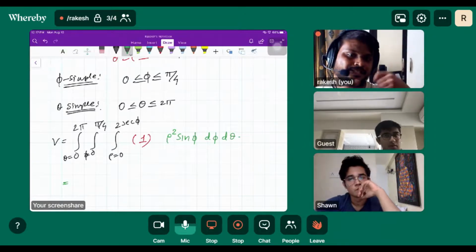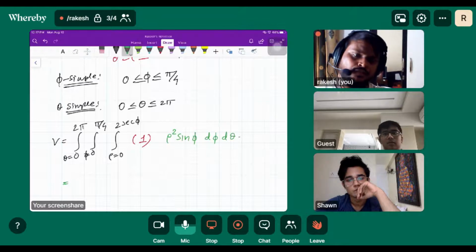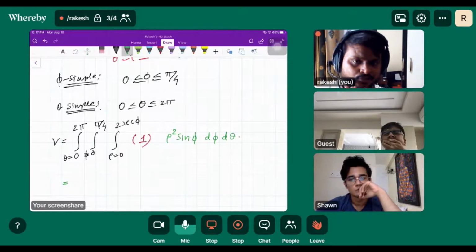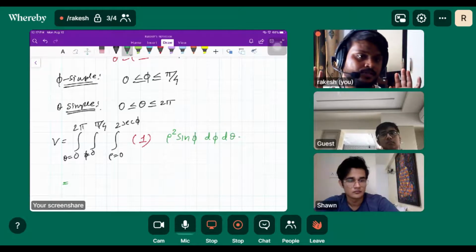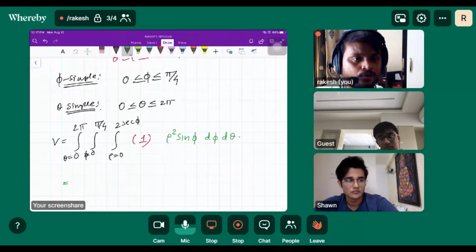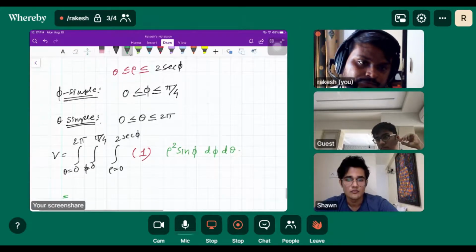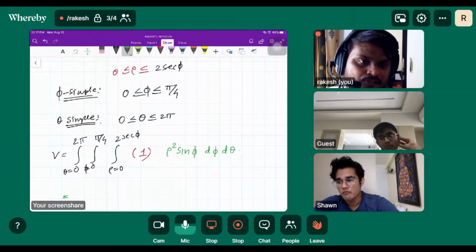You first simplify with respect to rho, with respect to phi, and you can do that later, but have that idea in your head, because if you directly solve this triple integration, you will definitely get 0. Since in this question you have to find out the volume, the volume should not be 0. Are you getting that? Make sense? Are you with me here?